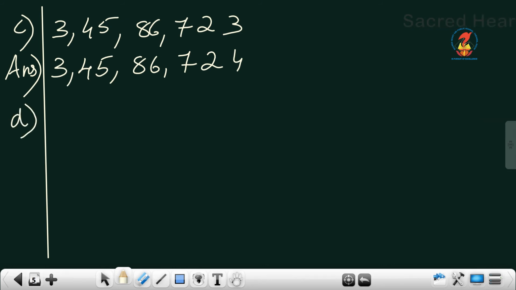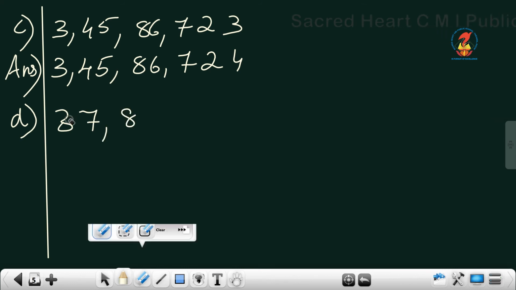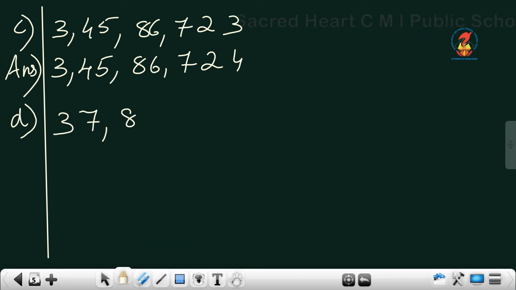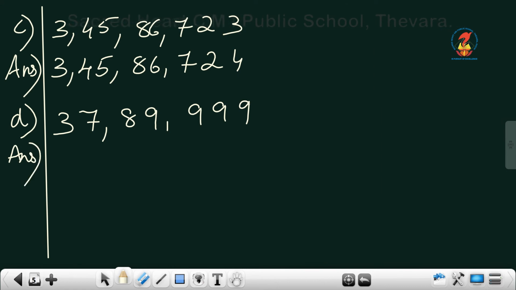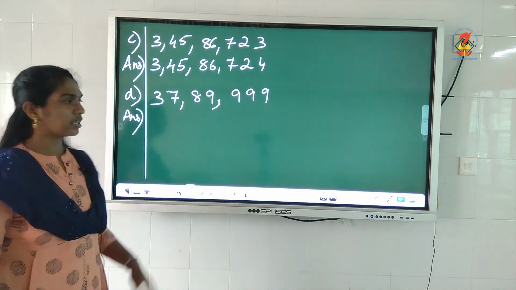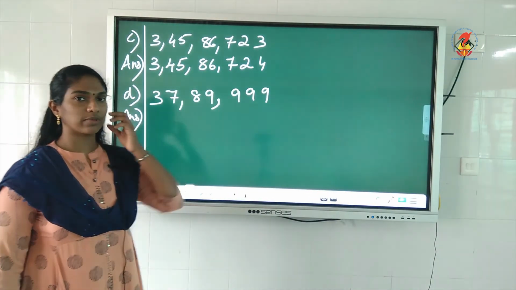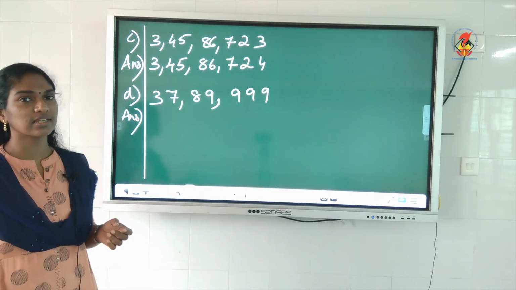D. 37 lakh 89,999. See, again you can see 9s at the end of the number. What will happen to these 9s?